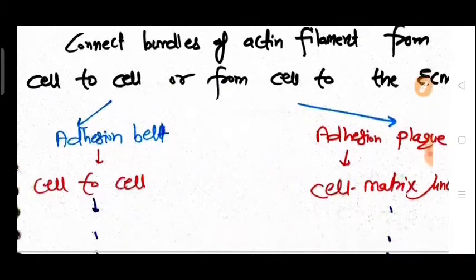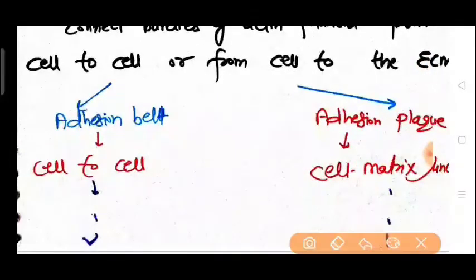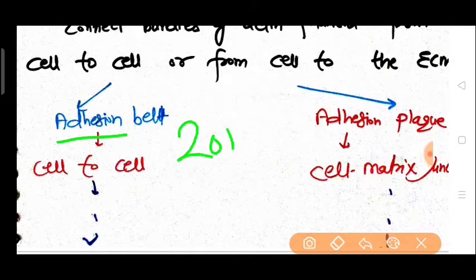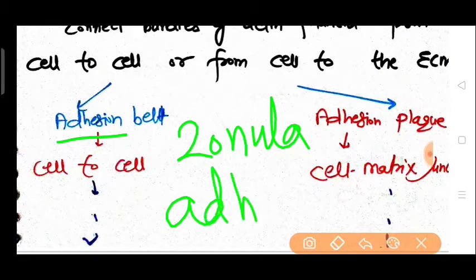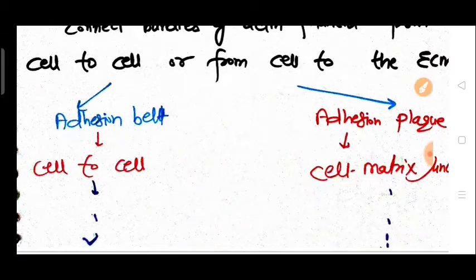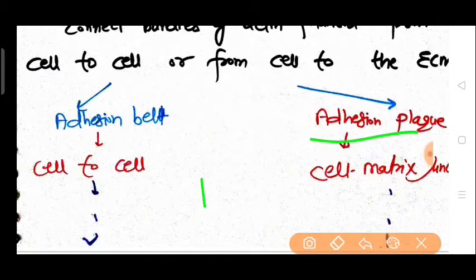Now we can again divide this into two parts. First is the adhesion belt, or zonula adherens. Second is the adhesion plaque, or focal contact.